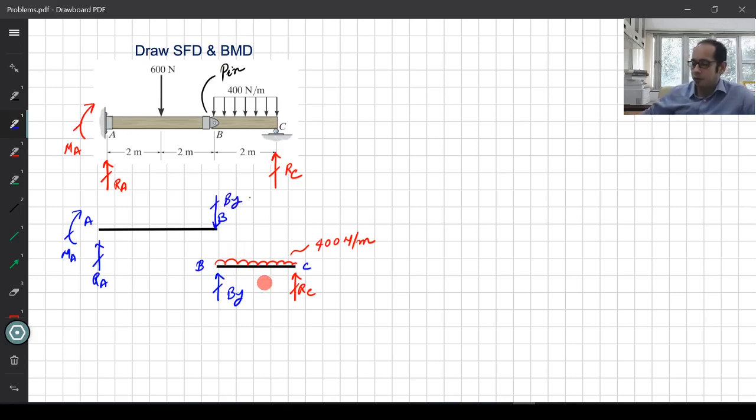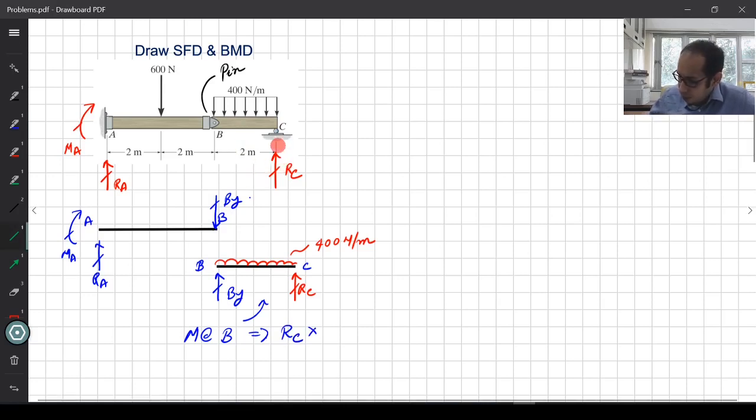Now, from solving the equilibrium of this particular part over here, we can find out what RC is going to be. How do I do that? Let me take the moments about this particular point B. If I take the moment about B, what do I get? I will get RC times this distance. This distance is 2 meters, which is given in the problem.